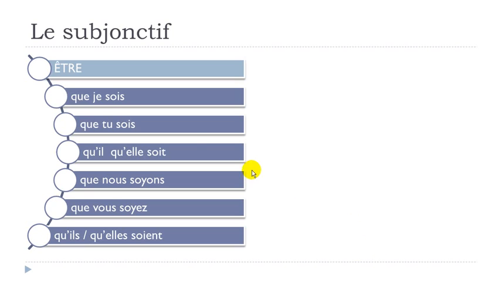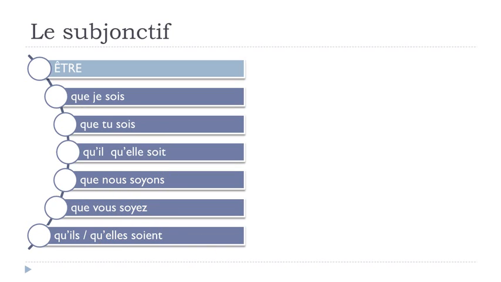As usual, good news is that soit and sois you write differently, but you pronounce them the same way. And then soyons for nous, soyez for vous. So I repeat: que je sois, que tu sois, qu'il soit, qu'elle soit, que nous soyons, que vous soyez.